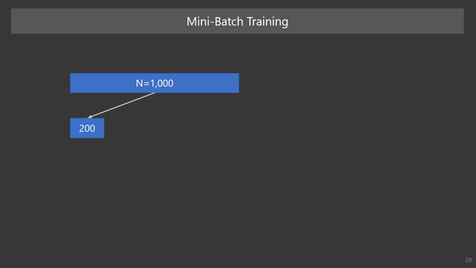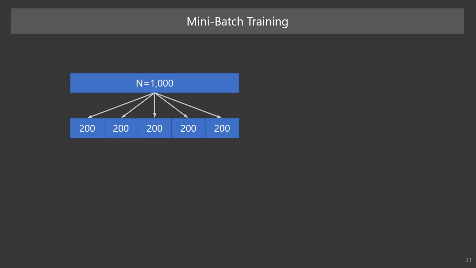In this case, we select 200 cases randomly from the 1,000 cases, and use the 200 cases as a learning unit. Then, when the learning is completed, select 200 cases randomly again, and use them as a learning unit. And repeat the process. This is the process of mini-batch learning.